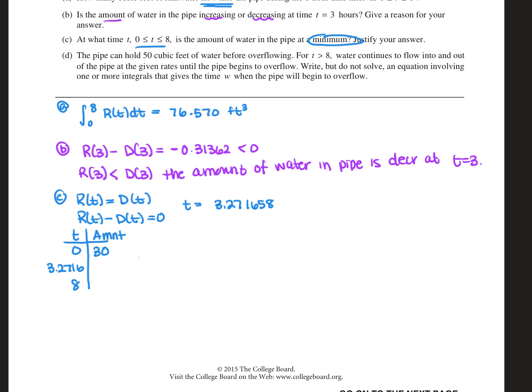In general, the amount at any given point is going to be 30 plus the integral from 0 to t of the rate in minus the rate out. So for the middle one, you're going to plug in t equals 3.2716 into this expression.